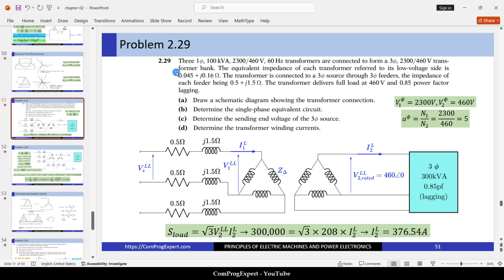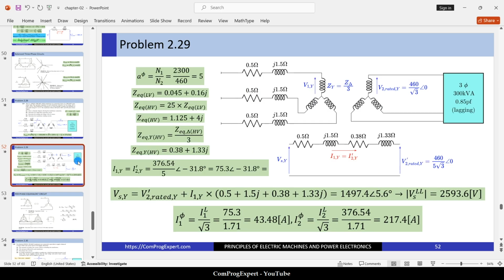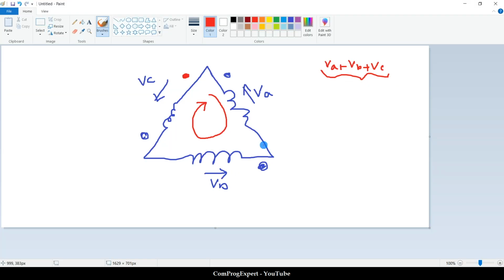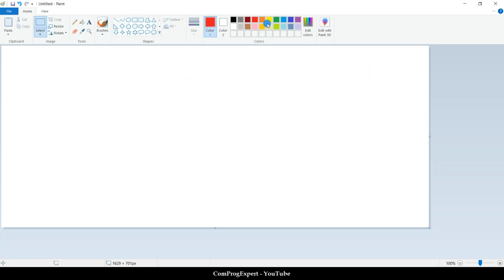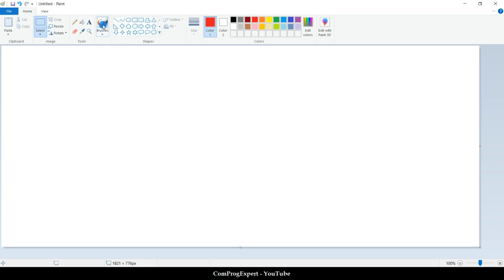For the low voltage side, we have this impedance. We can transfer it to the primary and then use the delta-Y. Here we have these impedances for the secondary side of the transformer, the low voltage side.